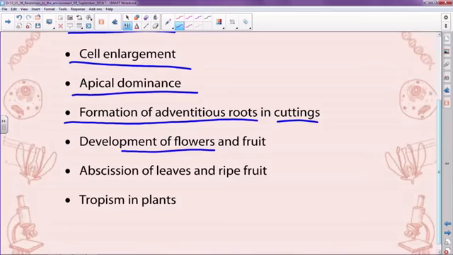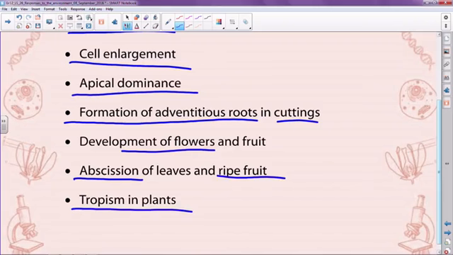Next one, we're going to look at the development of flowers and fruit. We look at abscission of leaves and ripe fruit. And the last one is tropism in plants.